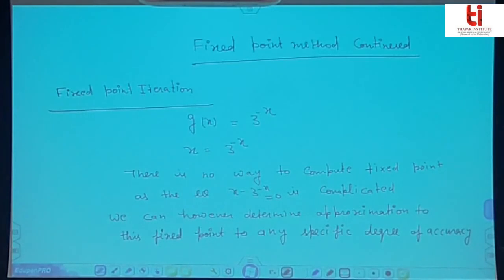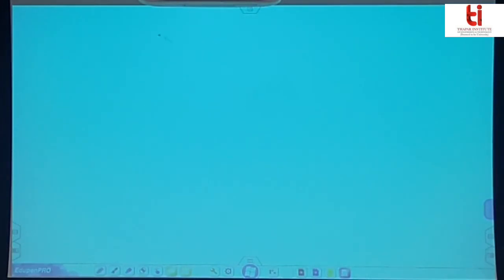How to do that? For that, we'll write the equation x equal to 3 raised to 1 minus x in an iterative form. We write the left hand side as x(n+1) and the right hand side as g of xn.